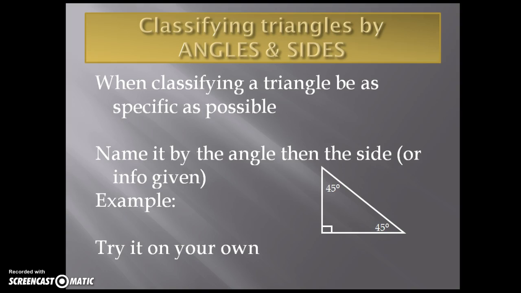When classifying triangles by angles and sides, what we have to do is be very specific. What you're going to do is name the triangle by the angle and then by the side or given information. For example, try this one on your own. Notice certain things about this triangle.